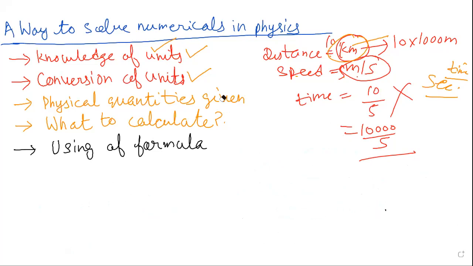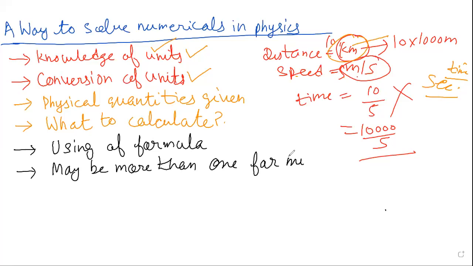If we cannot directly find the physical quantity which has been asked, then we have to use a different formula. More than one formula can be used.